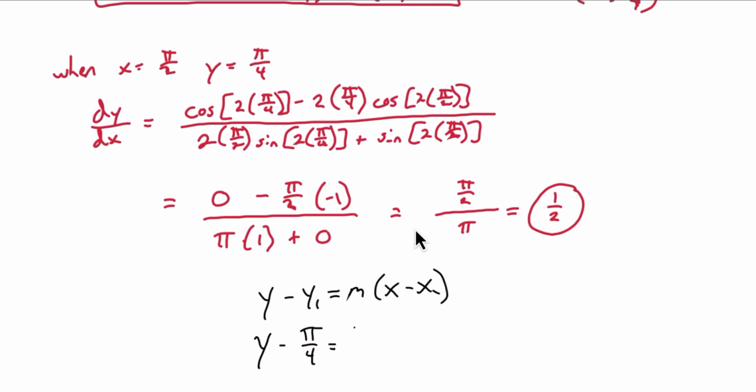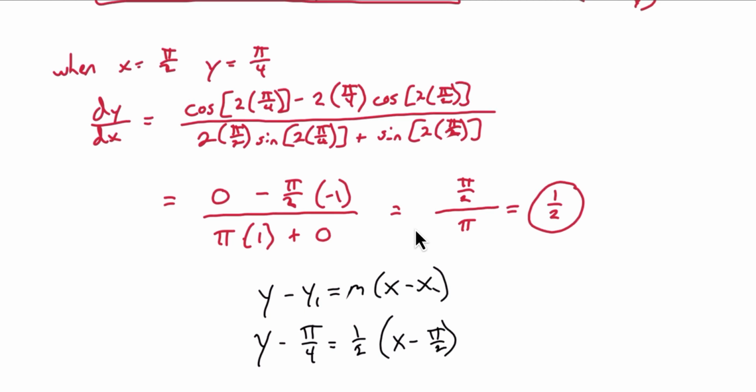The slope we found to be 1/2. x1 is pi halves. Simplifying this, we get y equals 1/2 x. That is the equation of the tangent line at pi halves, pi fourths.